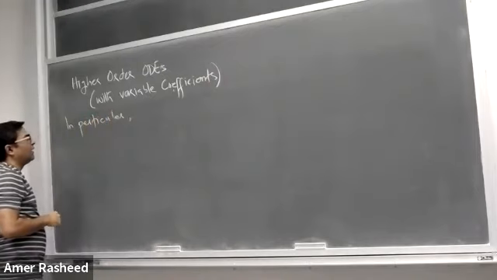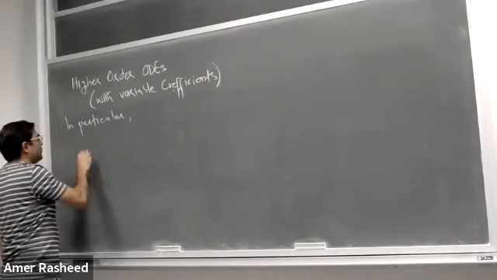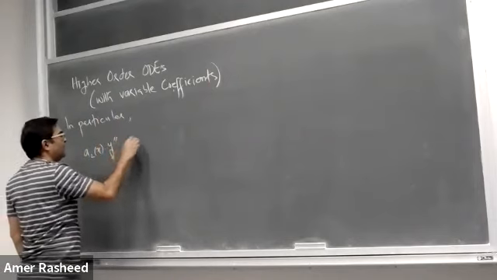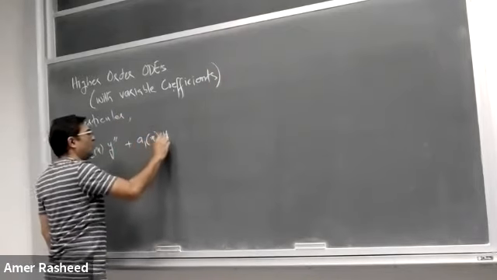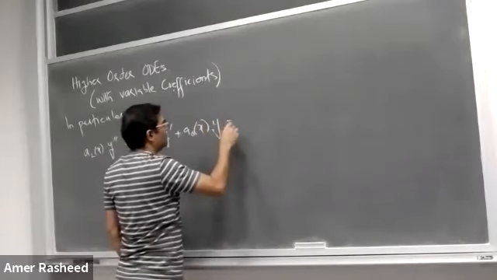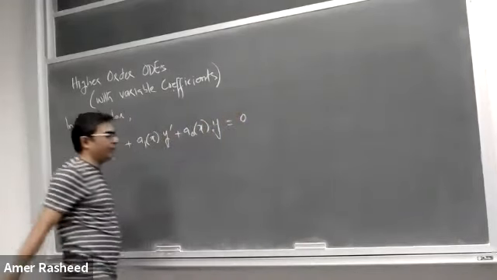A2 of x y double dash of x plus A1 of x y dash plus A naught of x y equal to, maybe, 0 for the time being.